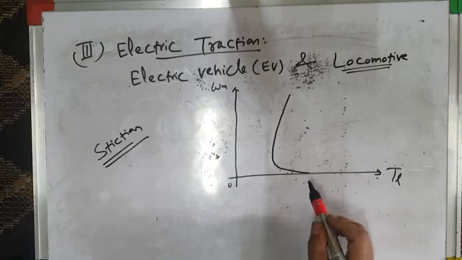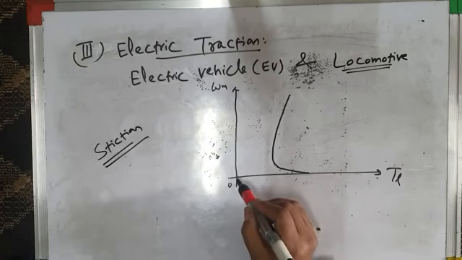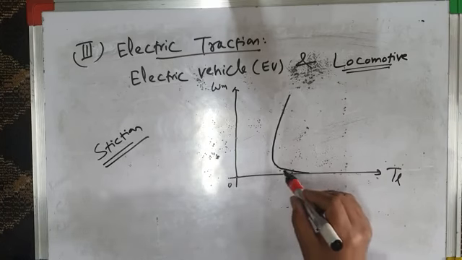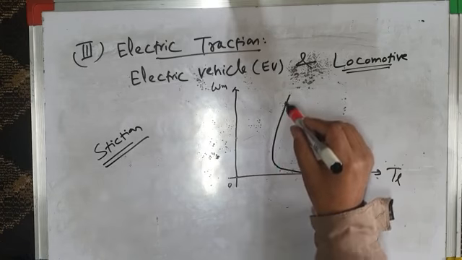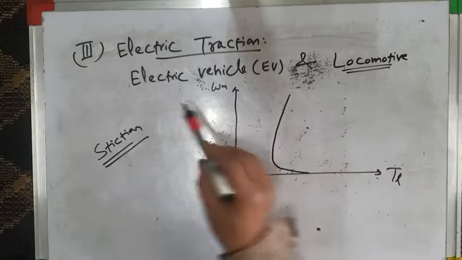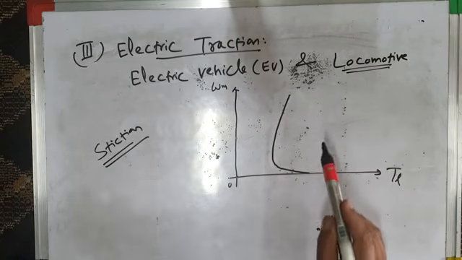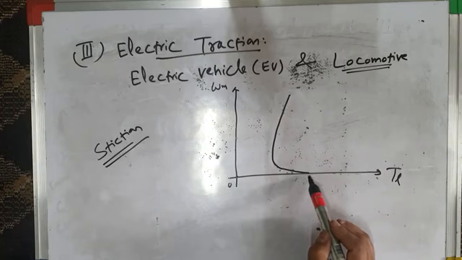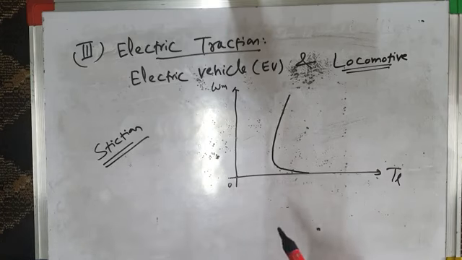The motor has to develop a very large starting torque, and once the motor runs, this torque requirement reduces, and then it becomes almost linear like this. So for electric vehicles and electric locomotives, especially electric trains, large starting torque is required, because the train has to be started against a large frictional torque. So this is the torque speed characteristic for electric traction type of load.